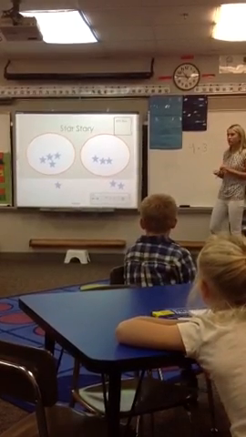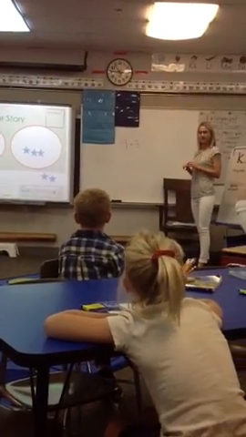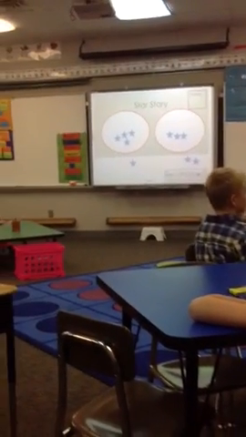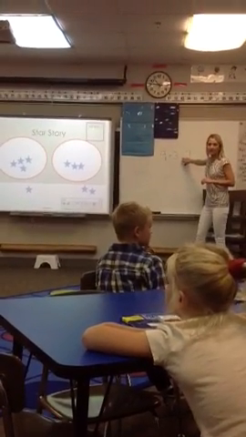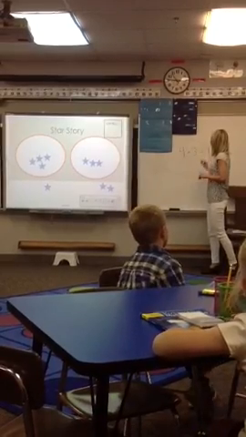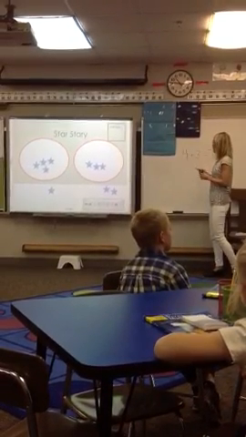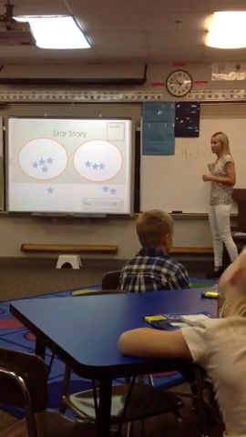How many stars do I have total? Jackson? 7. So I'm going to write 7. What do I need to put right here? Do we remember what that sign is called? Equals. Nice job remembering. So I have 4 stars plus 3 stars equals 7.